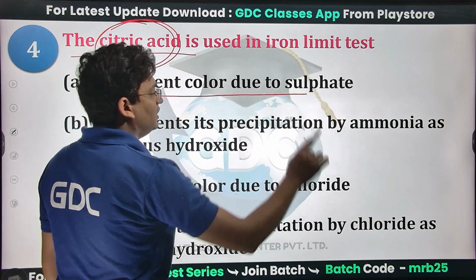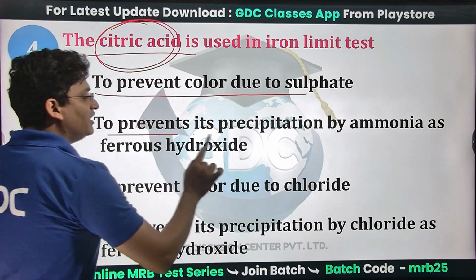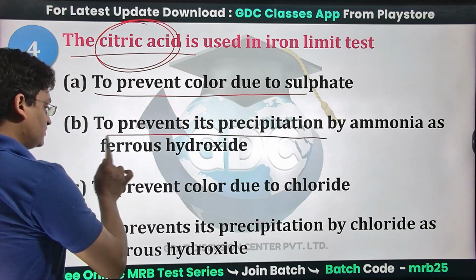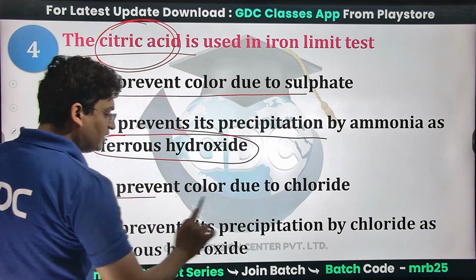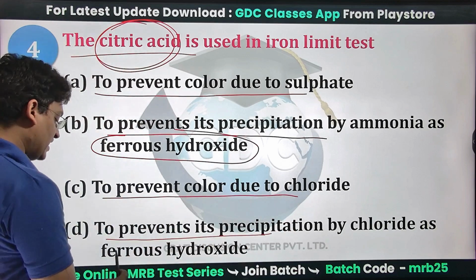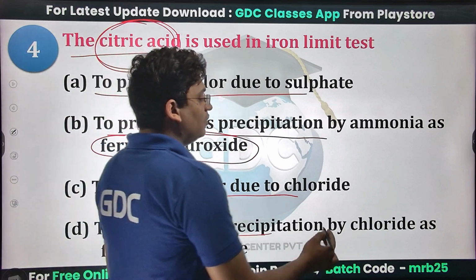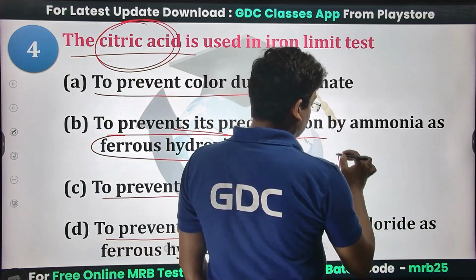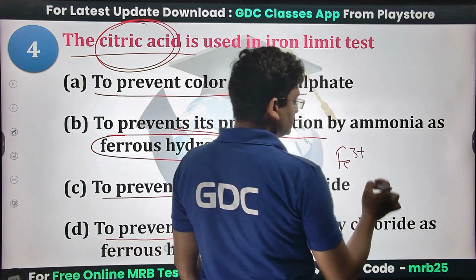To prevent color due to sulfate, to prevent its precipitation by ammonia as ferrous hydroxide, to prevent color due to chloride, to prevent its precipitation by chloride as ferrous hydroxide. So iron is generally present in the form of Fe3+, that is ferric ion.